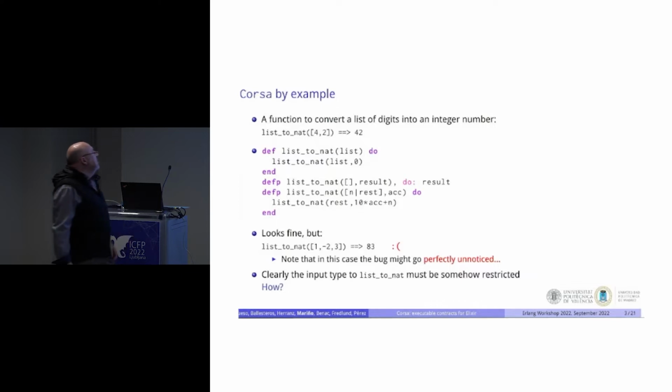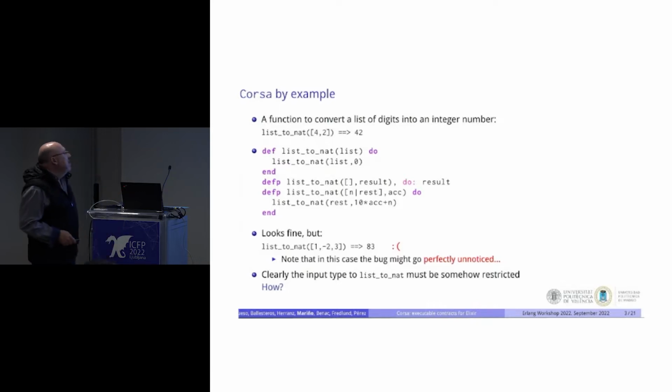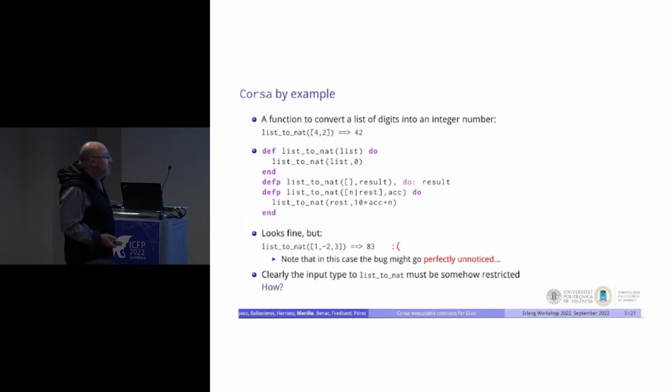So there are some non-explicit requirements on the input list. We're somehow assuming that there's a list of digits, and there are many things that we can leave aside. So in this case, one possibility is to call it with some of the elements being negative, or maybe we can call it with a number larger than 9.